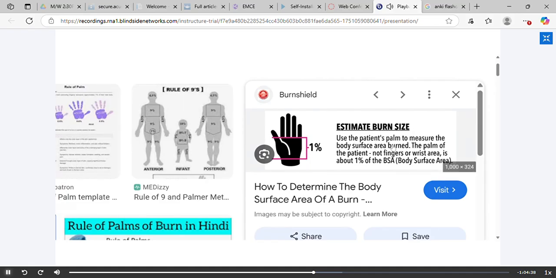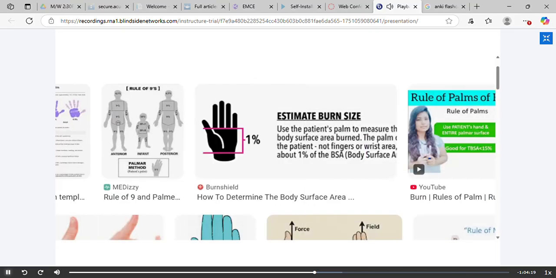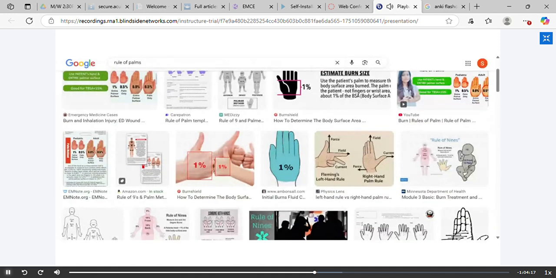So you use that patient's palm to estimate the body surface area that's been burned. Just the palm, not the fingers. If you're looking at a whole extremity or an area of the back, use your rule of nines. If we're talking about smaller areas, then use the rule of palms.